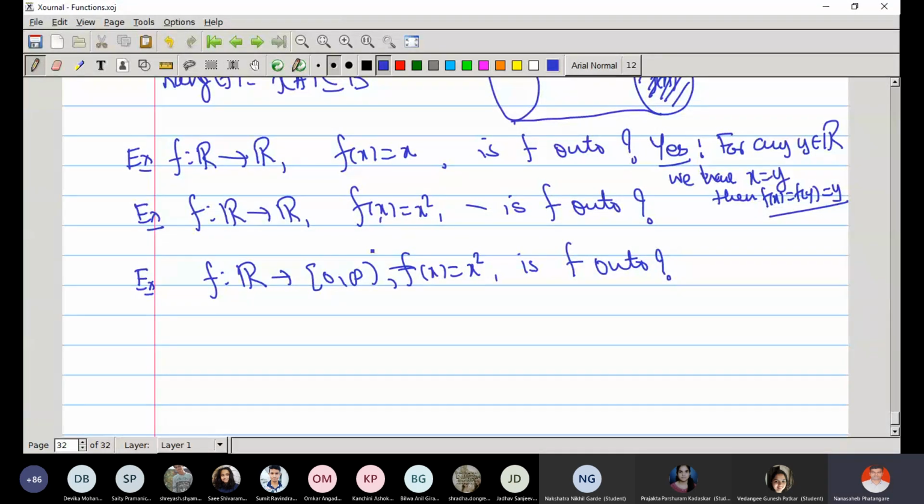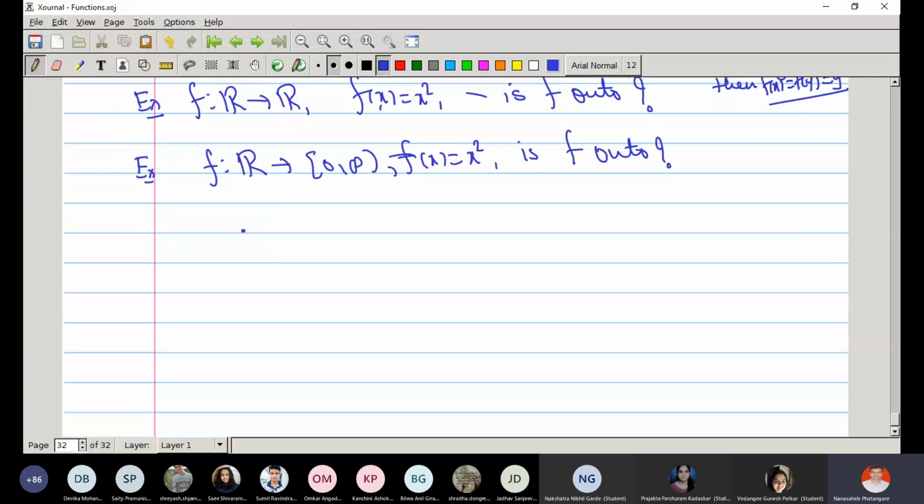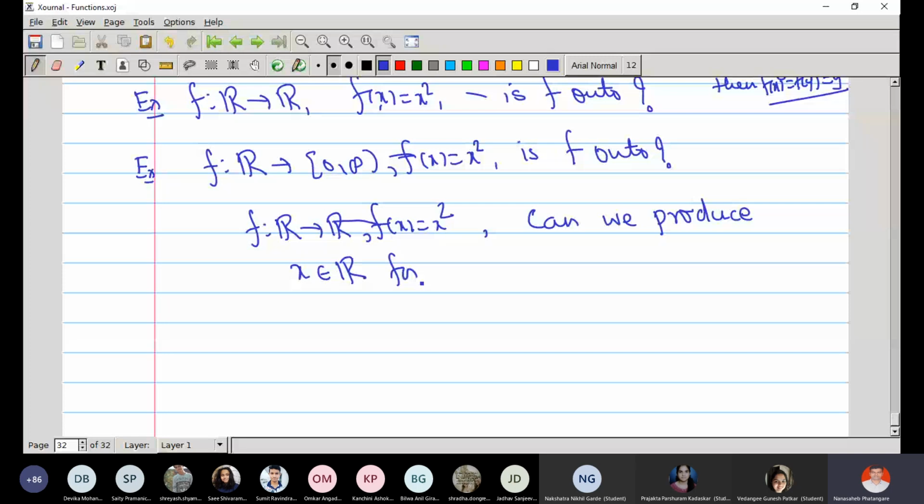But what about the function f of x is equal to x square? If we define this f, it is not onto. This function is not onto because, can we produce x in R for every y?